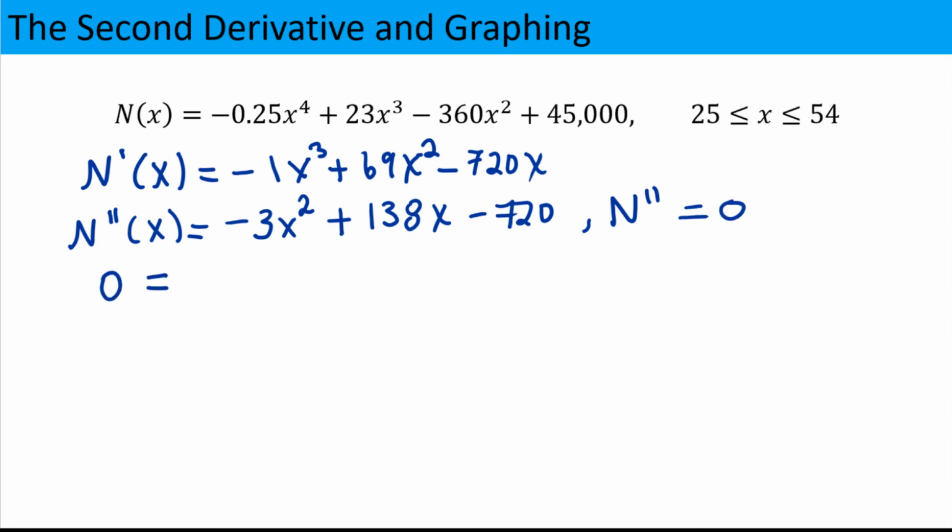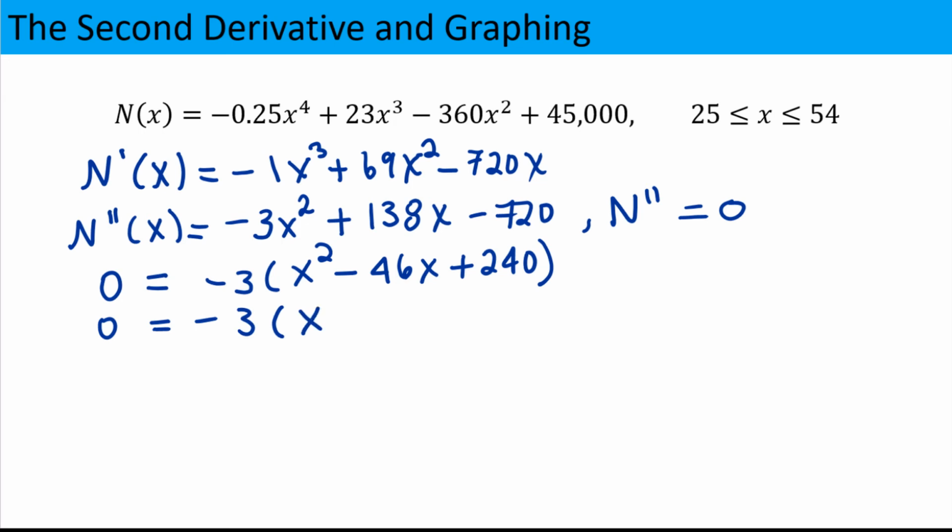0 is equal to, I'm going to factor out a negative 3, then I would get x squared minus 46x plus 240. Now let's continue to factor some more. 0 is equal to negative 3.